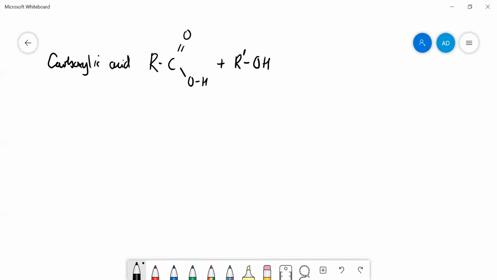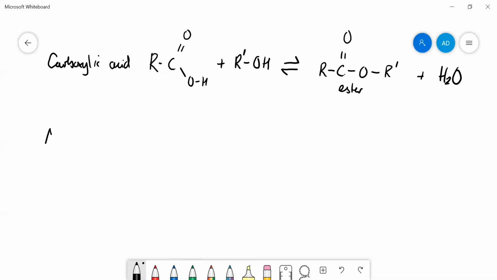By putting a little tick on that R, it means that it doesn't necessarily have to be the same R group as that. So for example, that might be a methyl group, this could be an ethyl group, or that could be propyl, and so on. So it's an equilibrium reaction. We're going to get the ester as a product, and the molecule that is eliminated is where we lose a molecule of water, H2O.